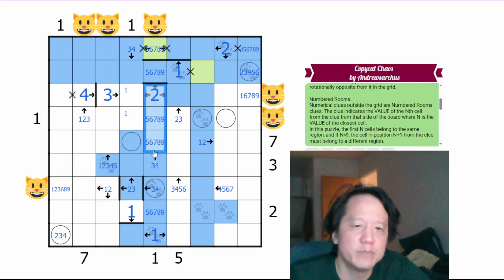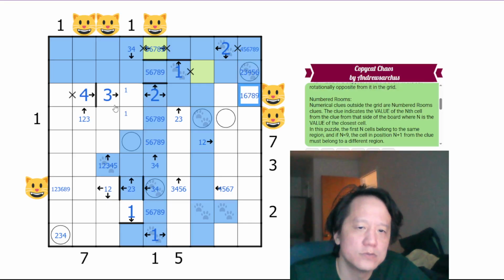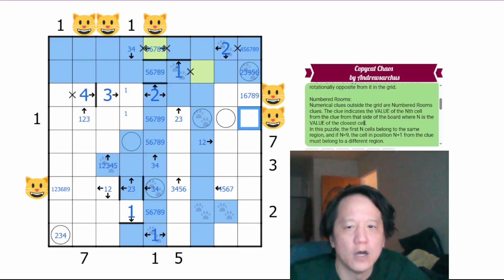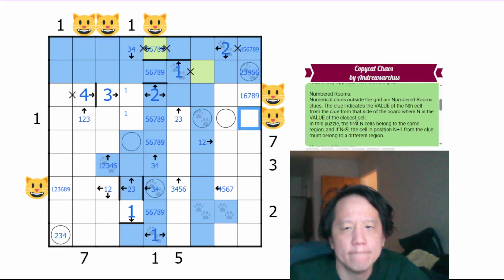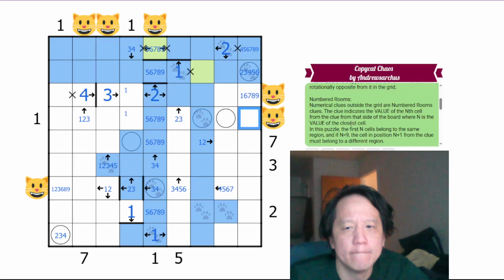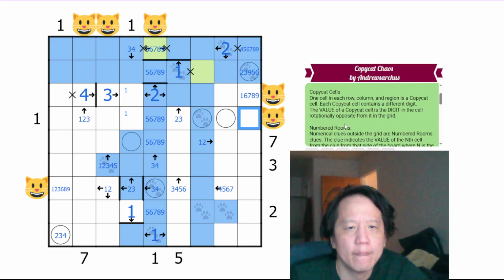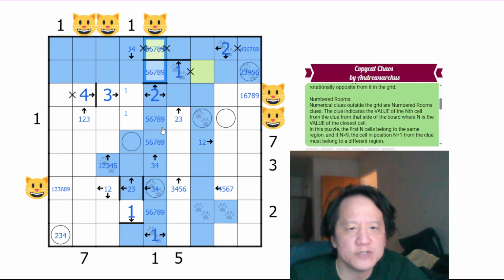There's at least one boundary here. These are different regions.